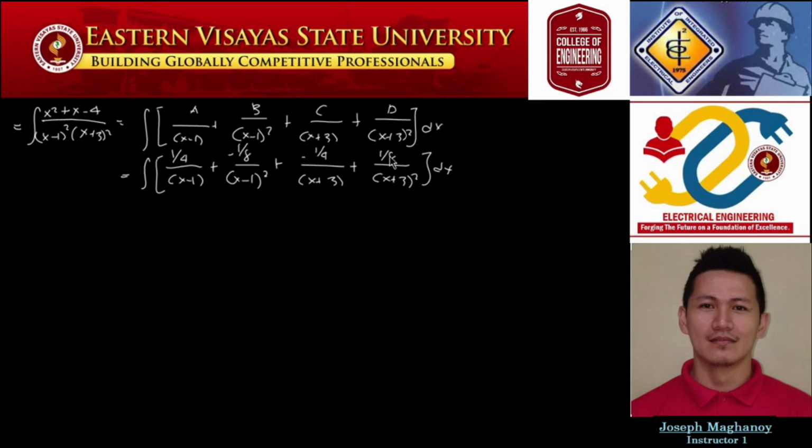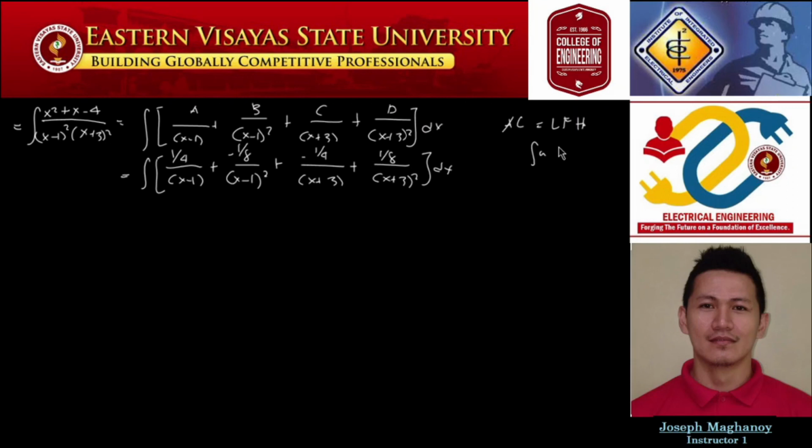For your term B and D, you can use your power formula. How about for your A and C? Of course, you can use your logarithmic formula. For A and C, you can use logarithmic formula. That is integral logarithmic formula.